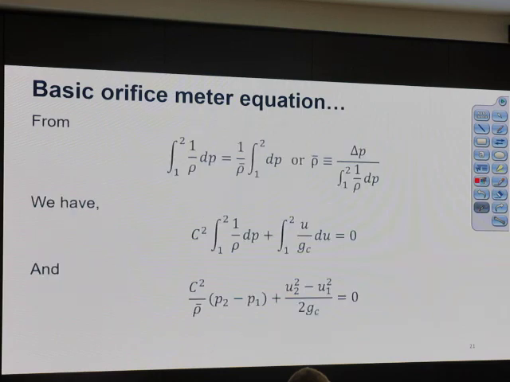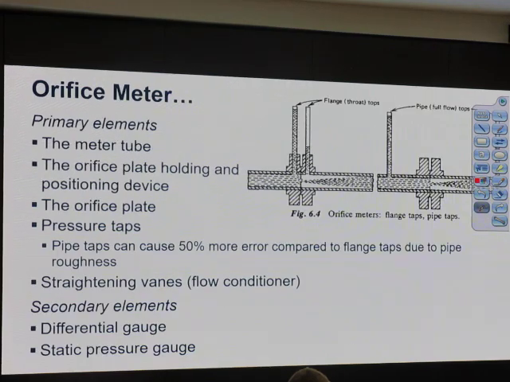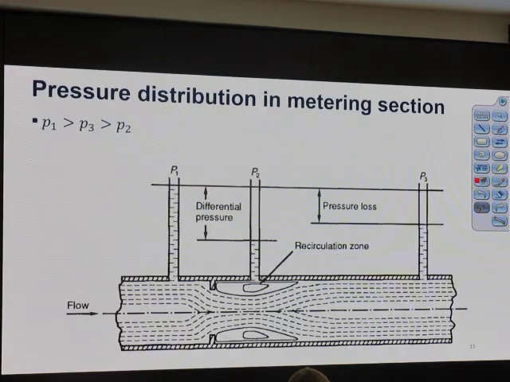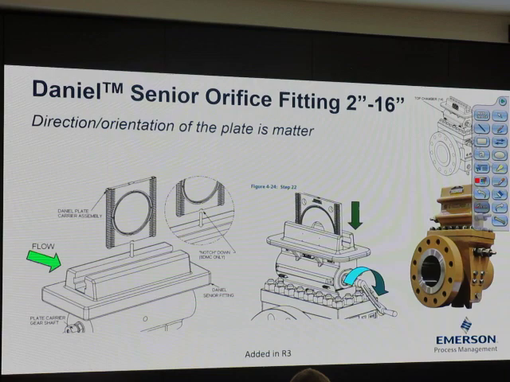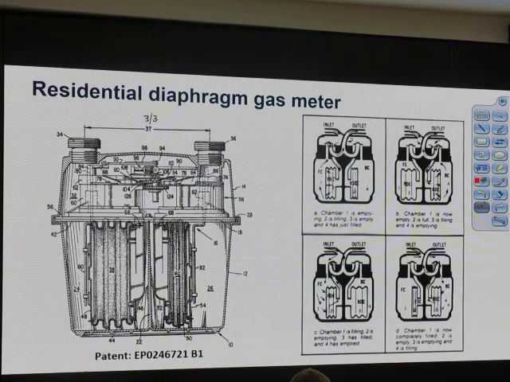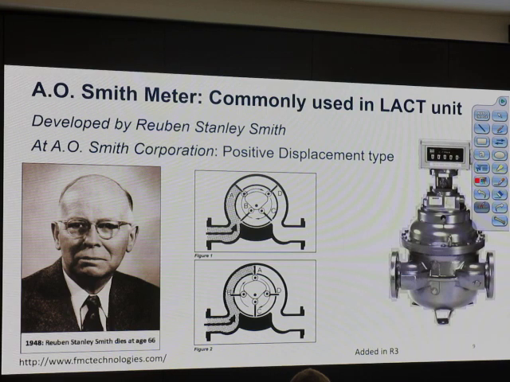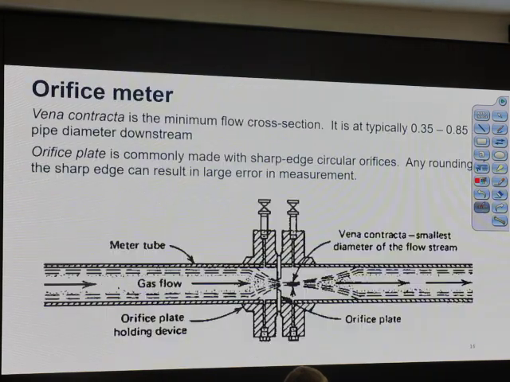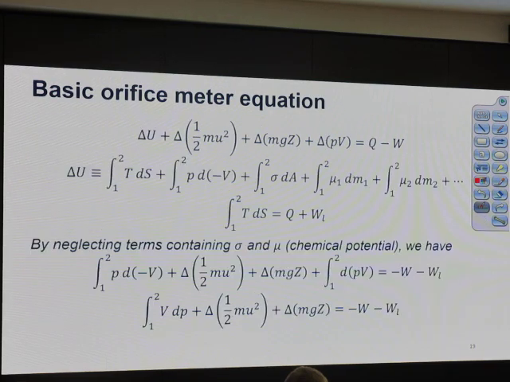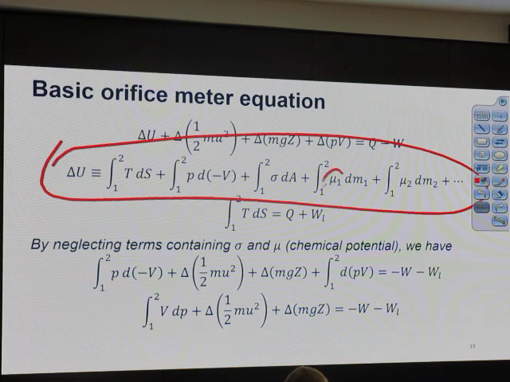And when it comes to a contractor, you know which point is which, right? And you know which point has the highest pressure. And you know this we call senior orifice fitting, A.O. Smith. Okay. What is A.O. Smith? What is the full name of the lab unit? You know those. In the derivation, it's not much of a problem. I give you this equation, I ask you, what is mu?